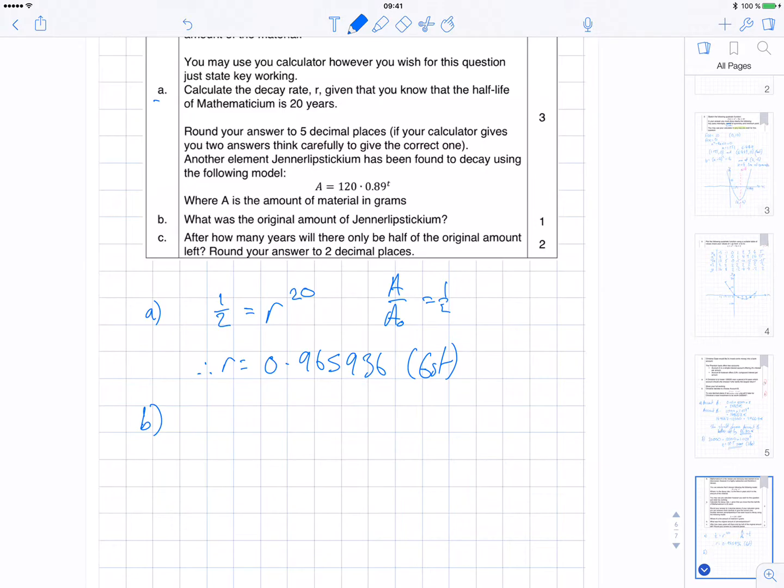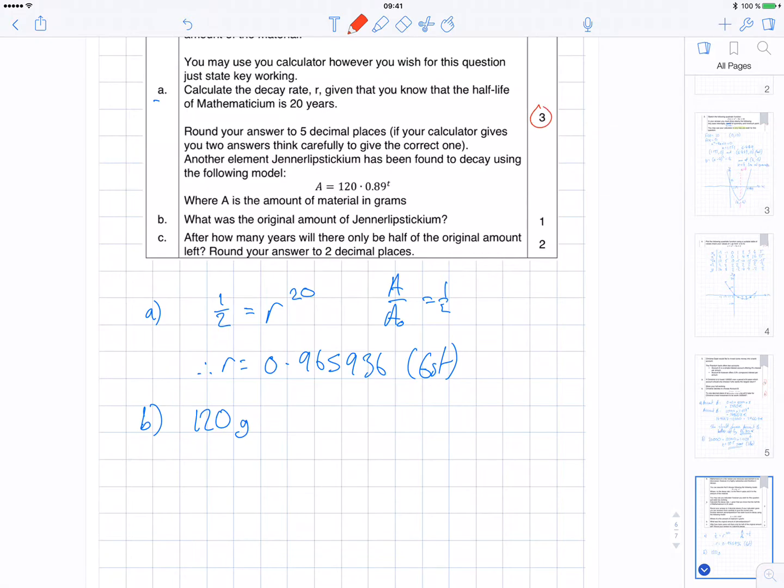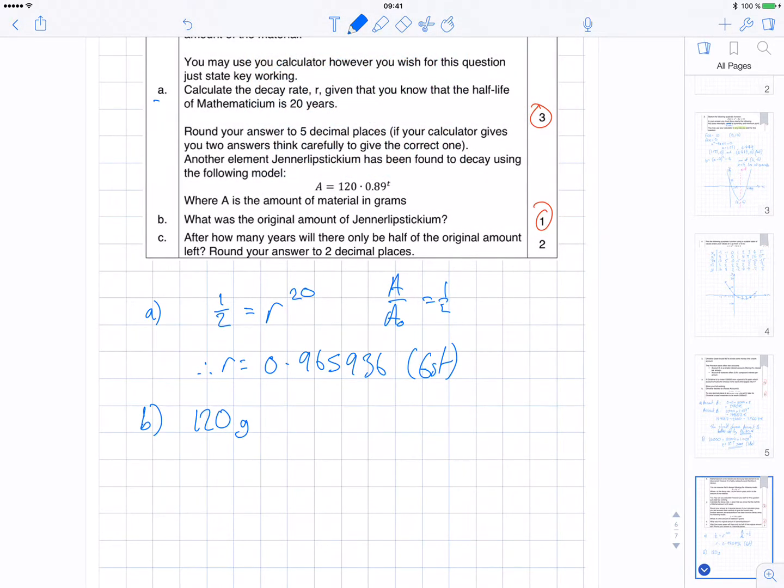For part B, I'm going to do it for the lipstick one. So the original amount was 120 grams. And after how many years will there only be half of the original amount left?